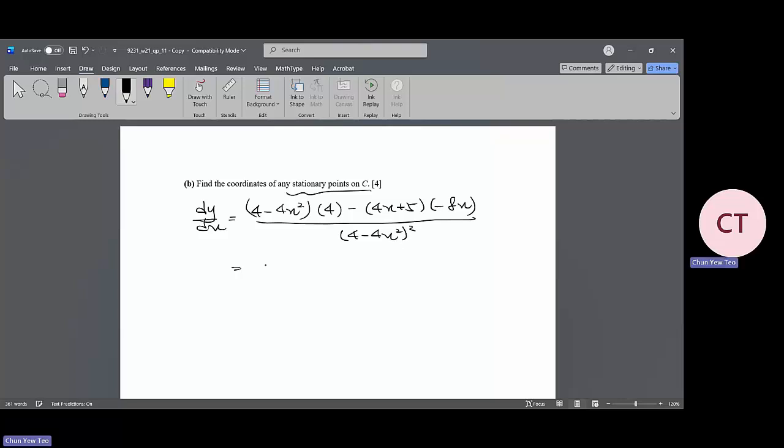So you can simplify them. Then you will get this one as 16 plus 16x squared plus 40x divided by this.